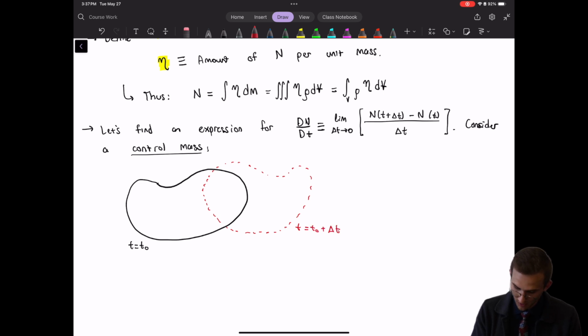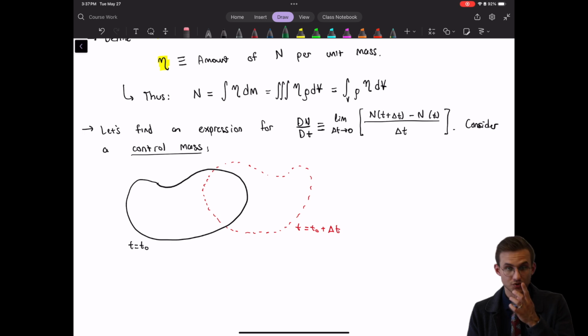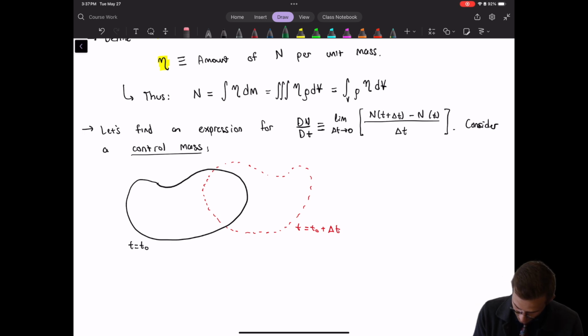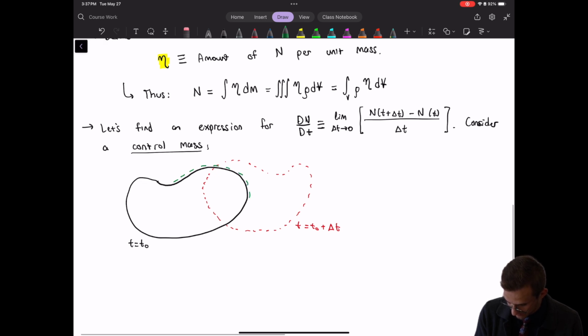All right, and we're also going to define a control volume. The control volume is what encapsulates the control mass at t equals t naught. Okay, and the control volume is denoted by this green dashed line. And then we'll also define these regions.